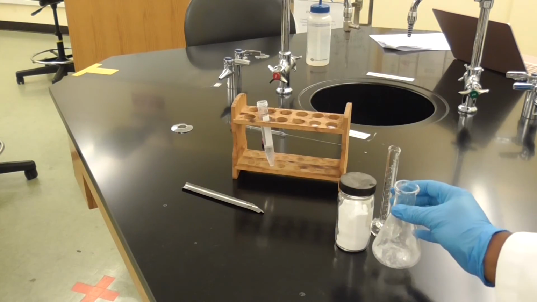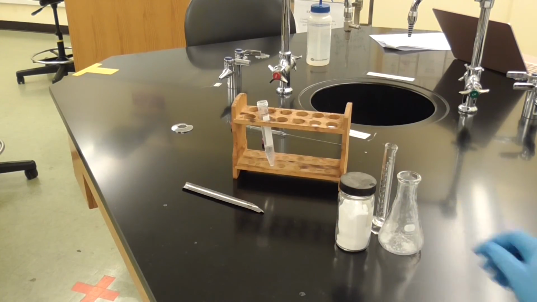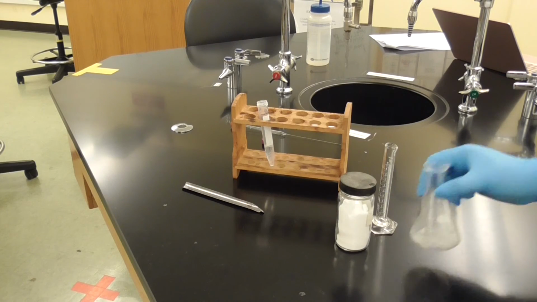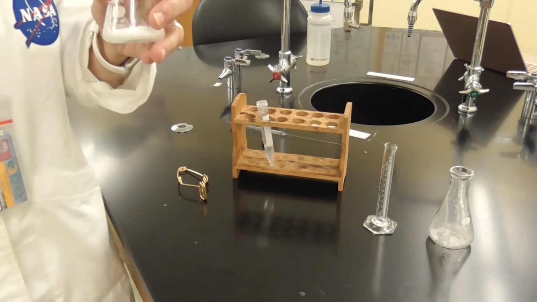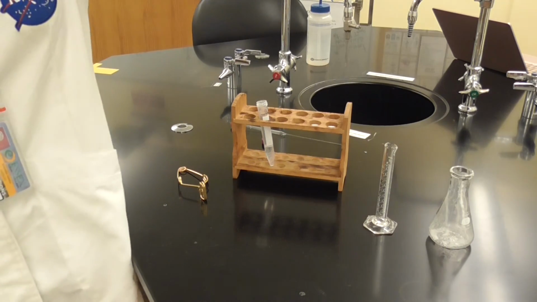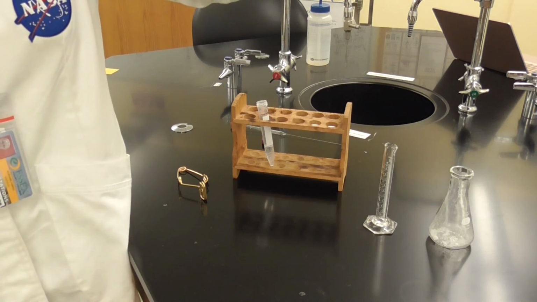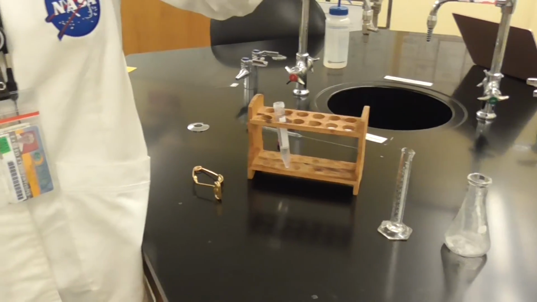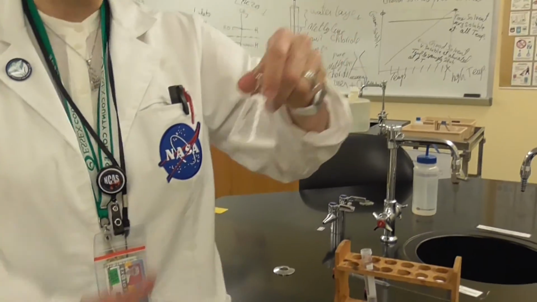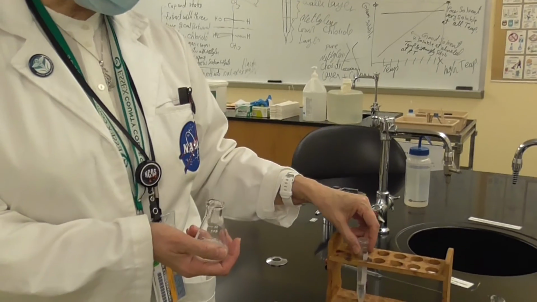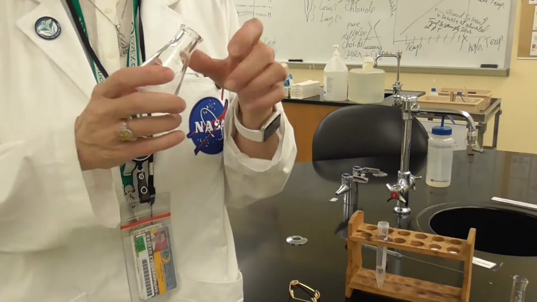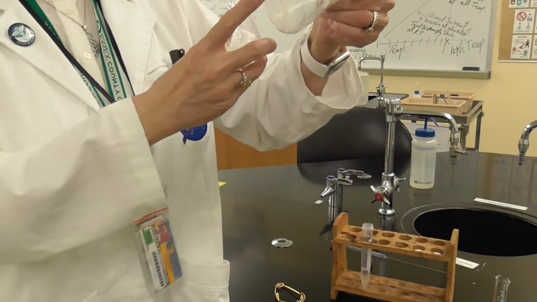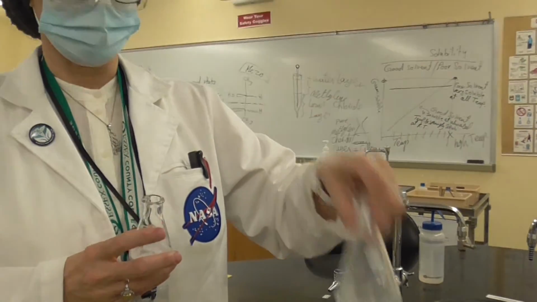So you see when you just hold it here, this is what we got. This is the caffeine that we extracted. So what we had, after we dried it with the anhydrous sodium sulfate, we decanted from here, so all the water is here.